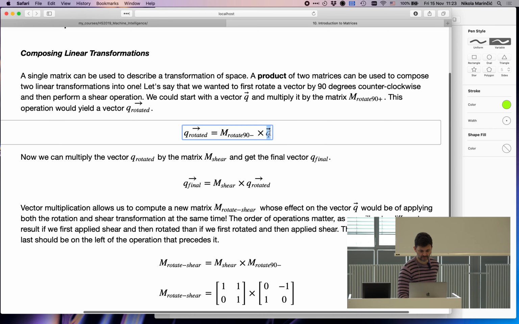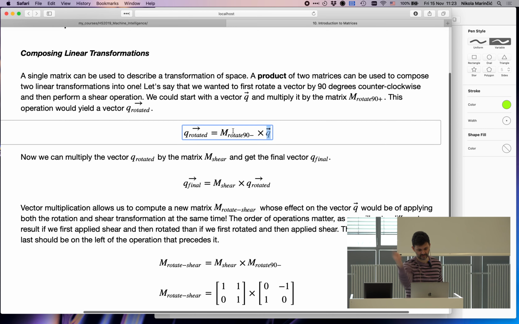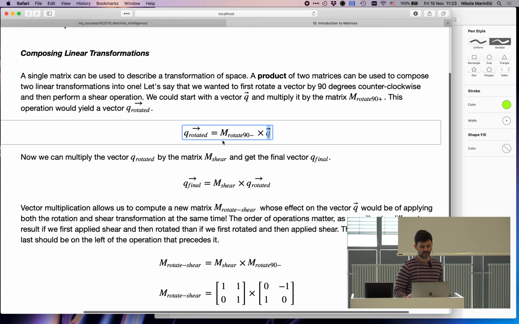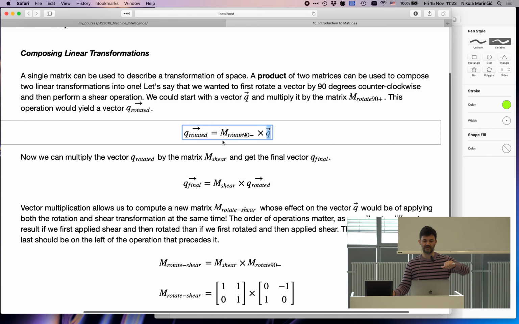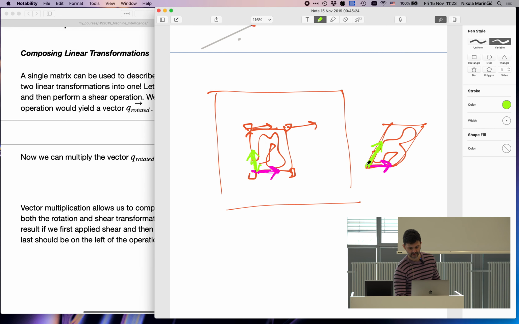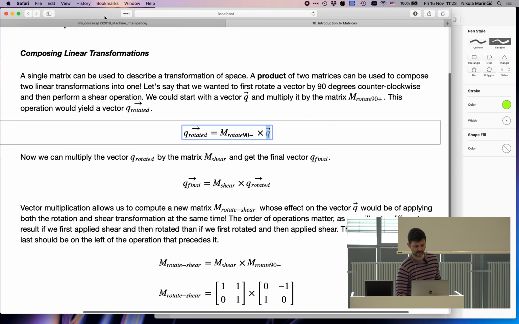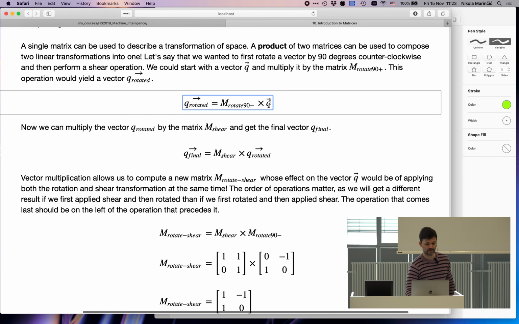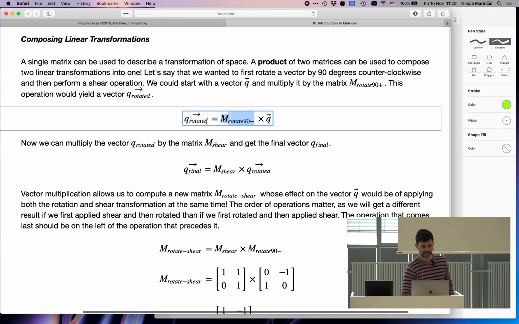So we had a vector Q, remember the vector that we transformed. If you want to first rotate it by 90 degrees counterclockwise, and then do the shear transform, the Photoshop thing, yeah? If you want to do that, what we can do is take the old vector and multiply it by our rotate 90 degrees matrix, which we defined above, and then we get a vector which we called Q rotated.